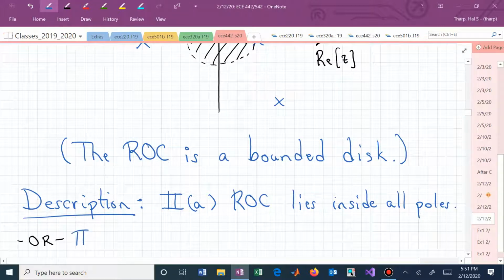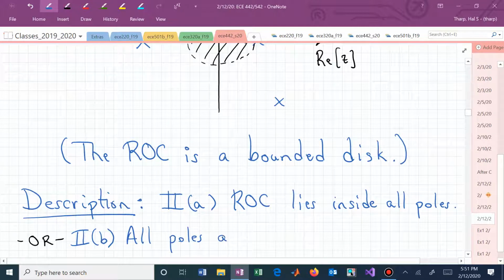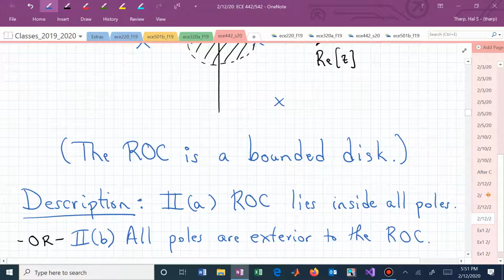Another way for pattern 2, description B might say that all poles are exterior to the region of convergence. They are outside the region of convergence, or they lie beyond the region of convergence.